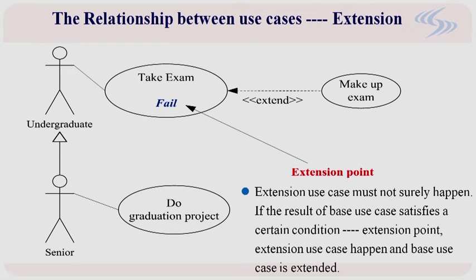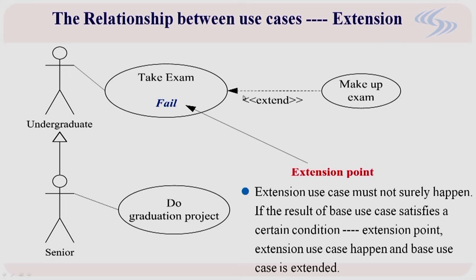If the result of take exam is fail, then make up exam will happen. So fail is called the extension point. So at this point, use case make up exam extends take exam.